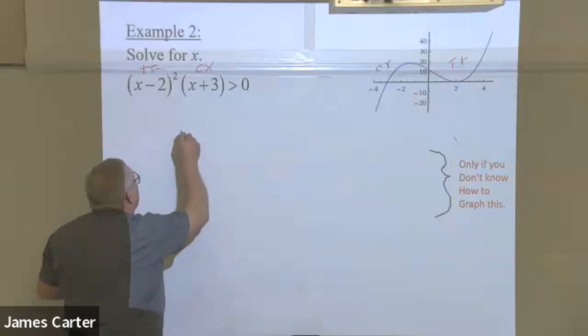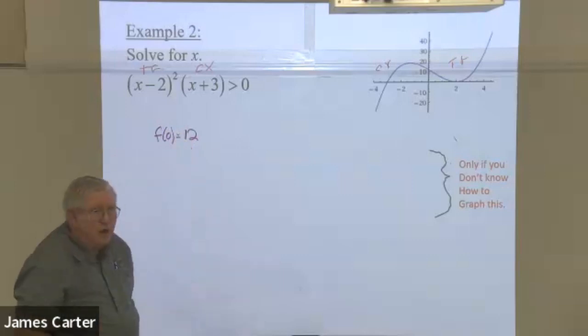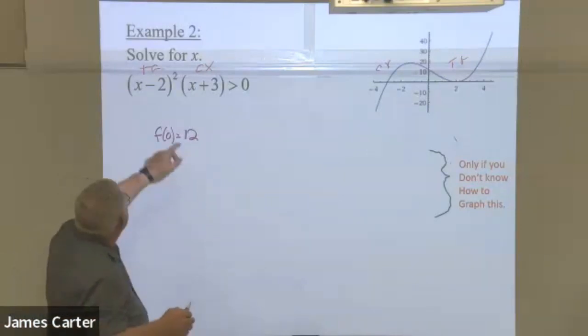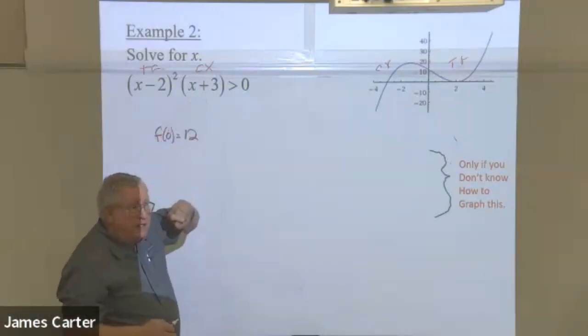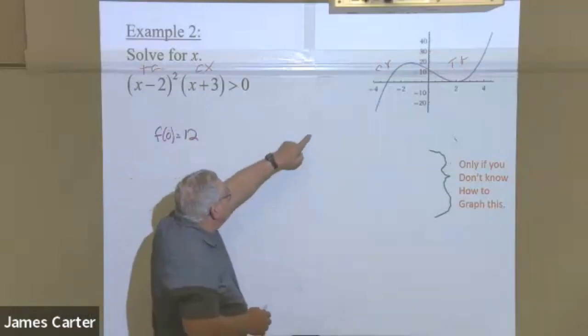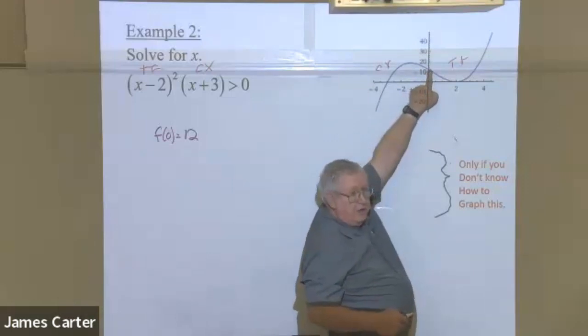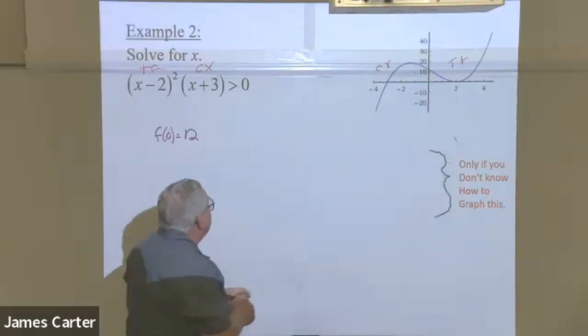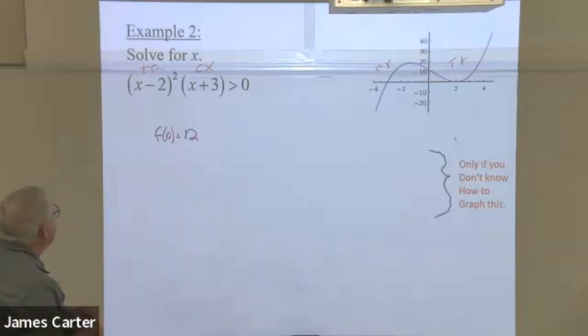Positive 12. Or in other words, the y-intercept would be 12. Everyone understand what I just did? I found the y-intercept by replacing the x's with zeros and multiplying them out. That's where this 12 came from right here. So we've got that graph pretty well done.